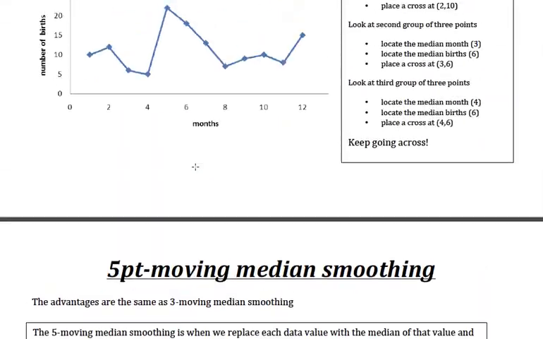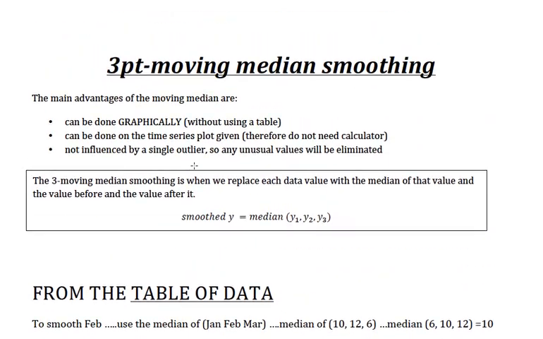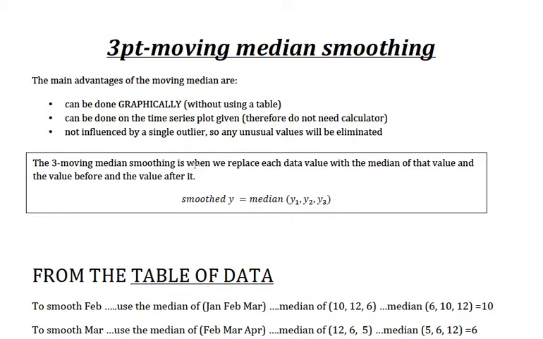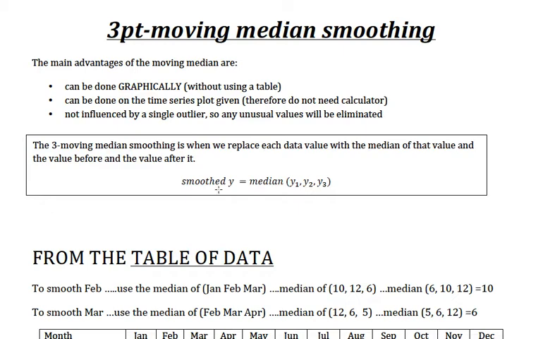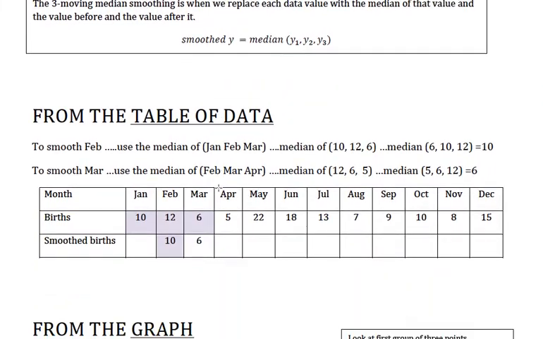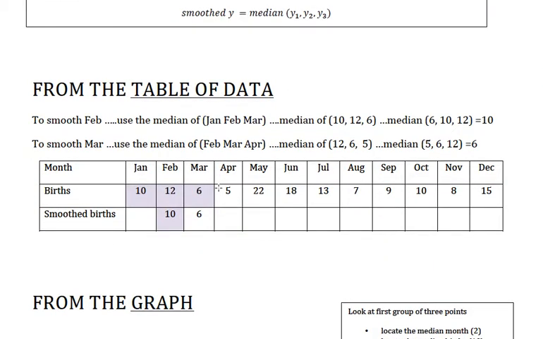So if I go back to the start where we've got our 3 point moving median, what we're going to do is just like when we did our means, we're going to focus on 3 points at a time, and you'll see that that's highlighted here. Now, just like with the moving mean, these first values, the first time period, the first month for January, it doesn't have a neighbour either side of it.